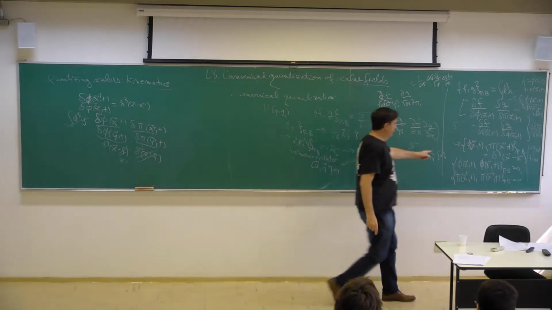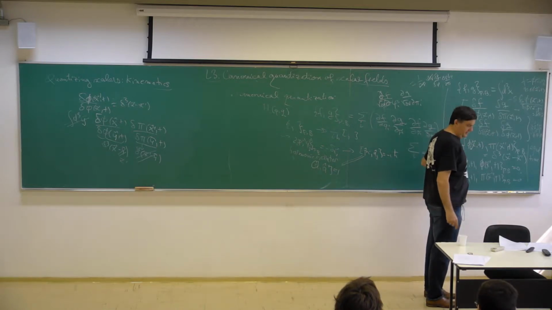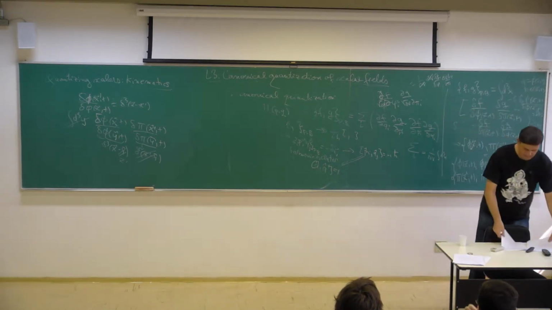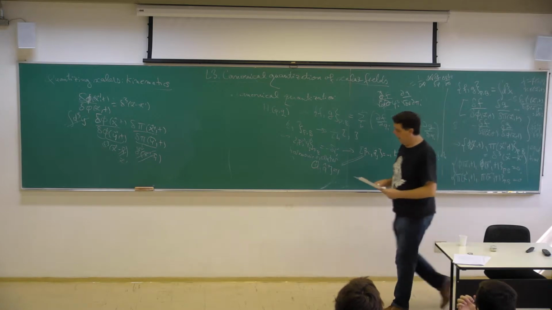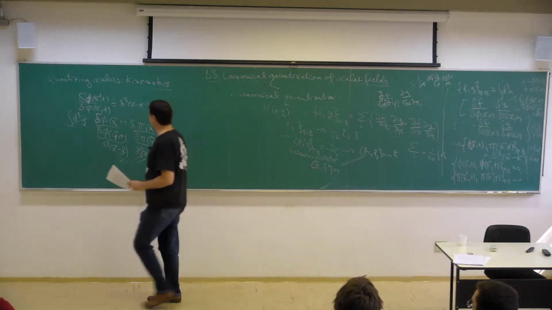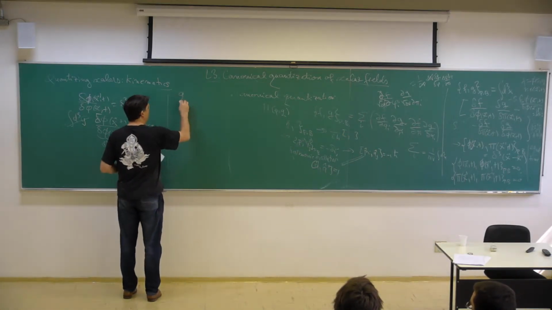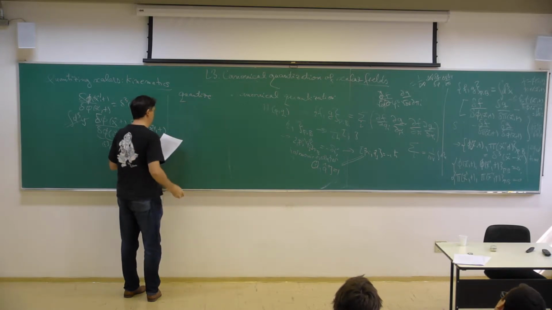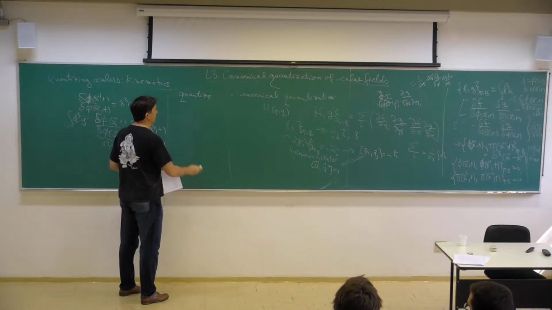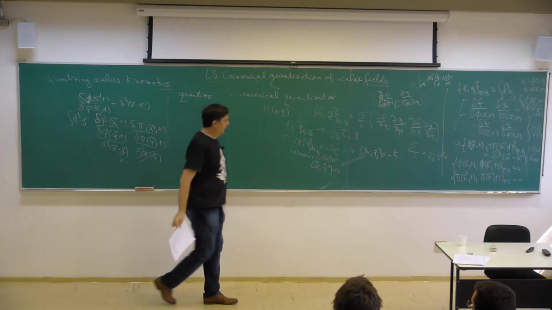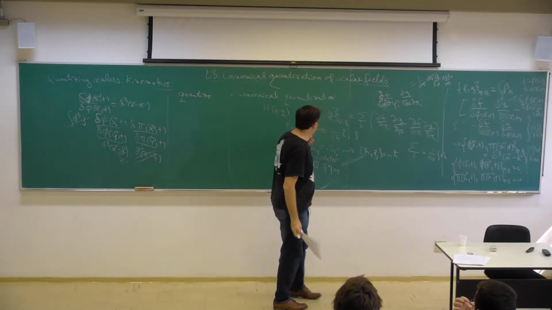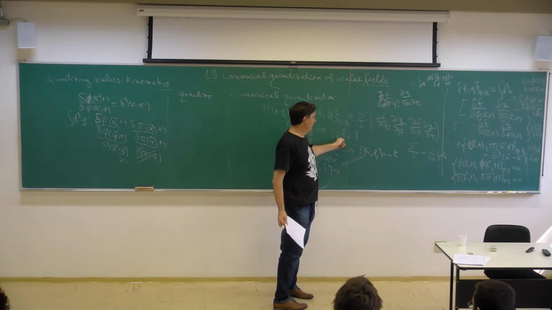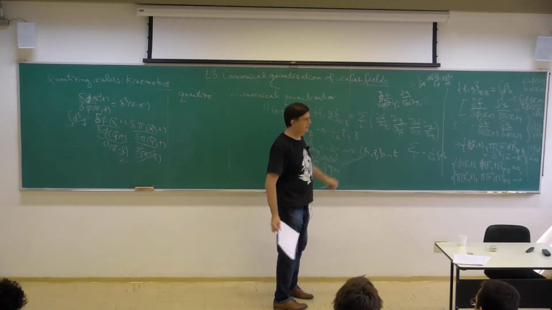So we notice that these are the fundamental Poisson brackets, which means then that when I quantize, I just replace the Poisson bracket with 1 over i h bar times the commutator.